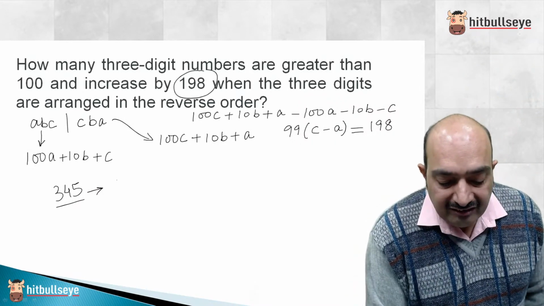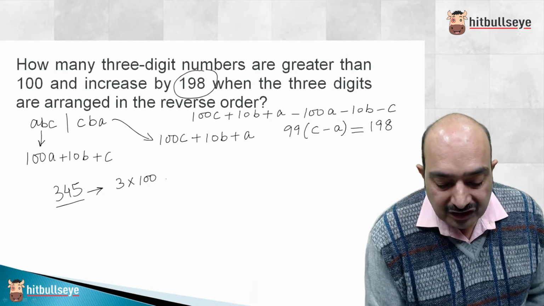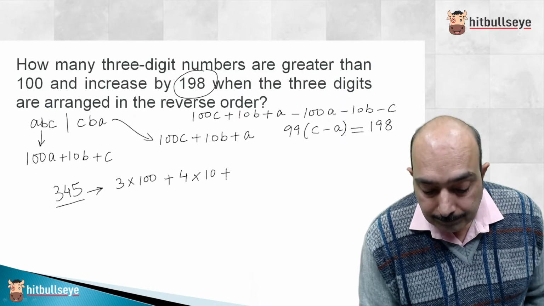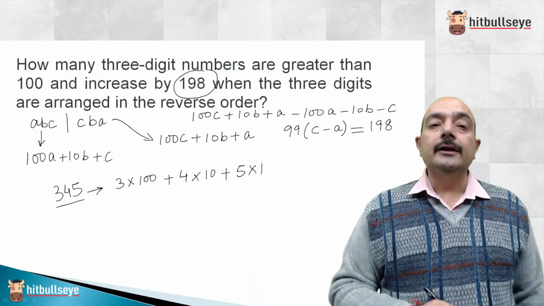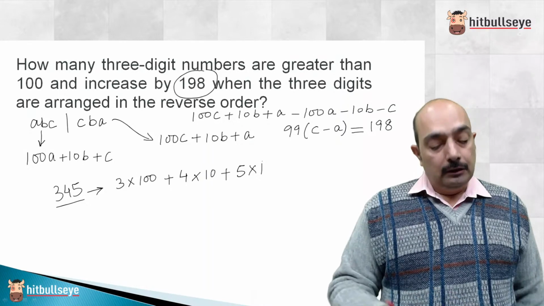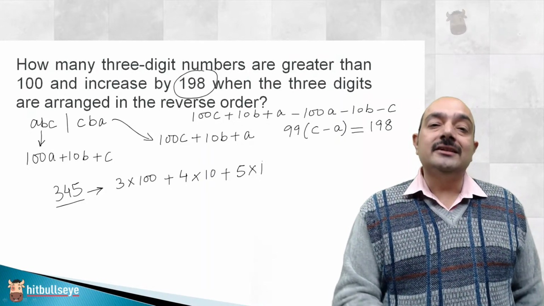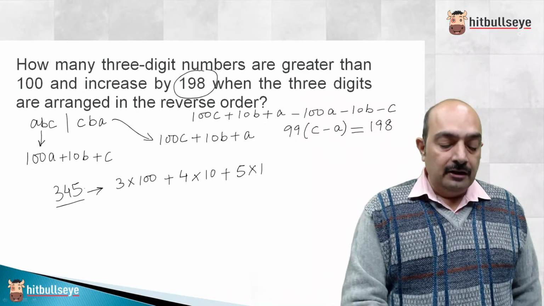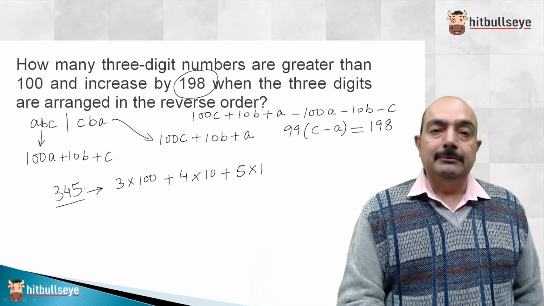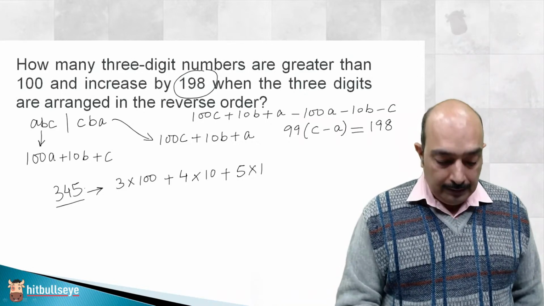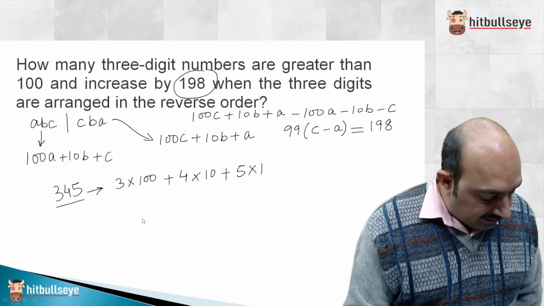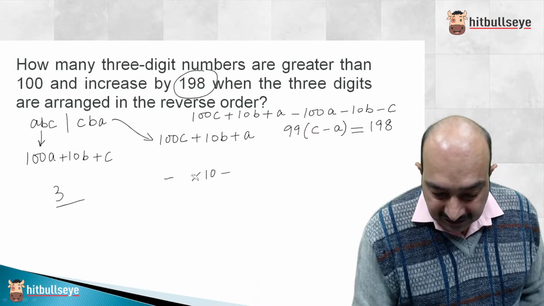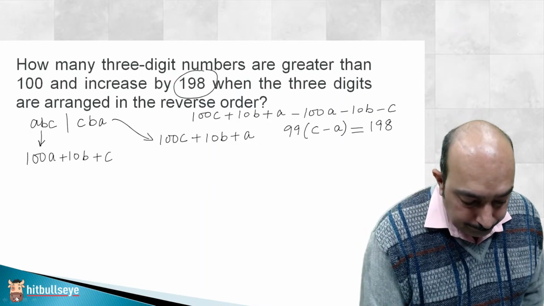Can I write 345 as 3 into 100 plus 4 into 10 plus 5 into 1? How much is that? Obviously 345. What I have done, I have multiplied the digits with their respective places. That is 5 multiplied with units place, 4 multiplied with tens, and 3 multiplied with 100. Same logic. Now moving on. Let us have the solution now. So this is done. The basic is clear now.